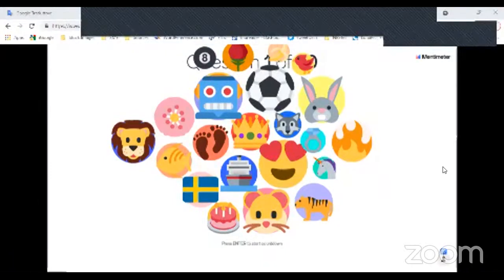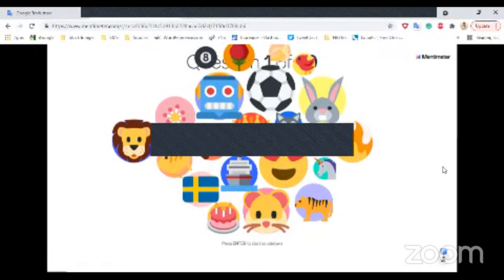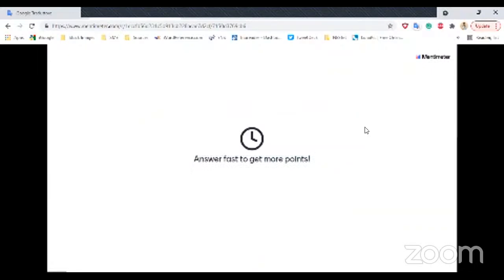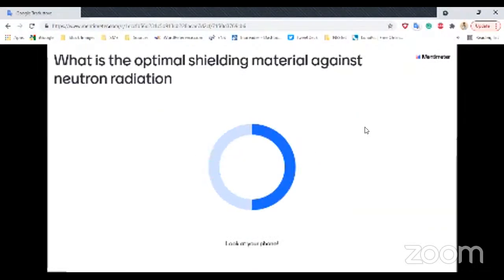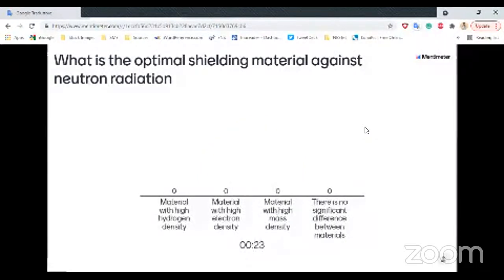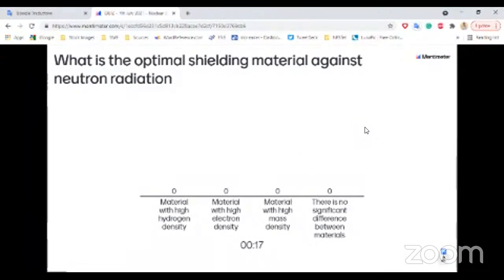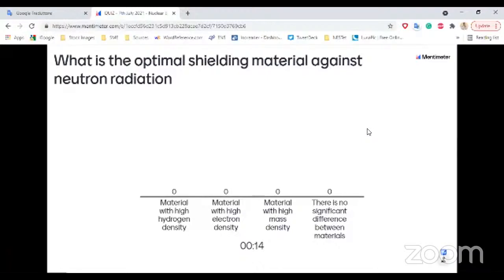Okay. So let's start with the first question. What is the optimal shielding material against neutron radiation? Material with high hydrogen density, material with high electron density, material with high mass density, or there is no significant difference between materials.